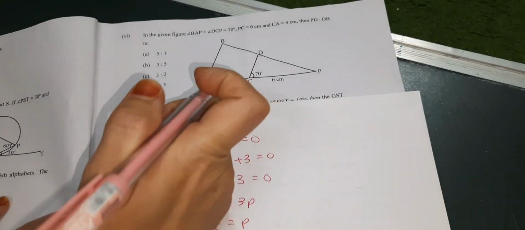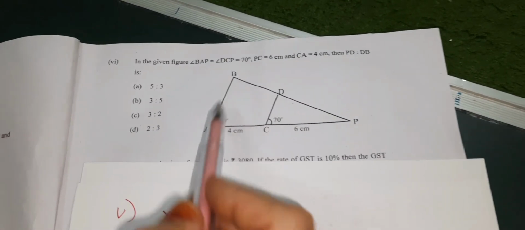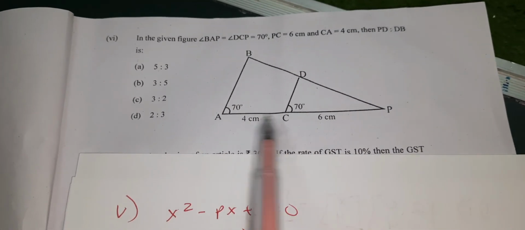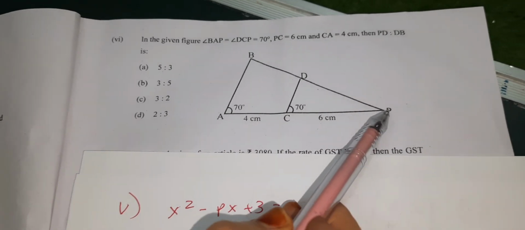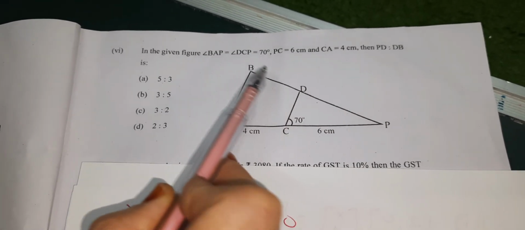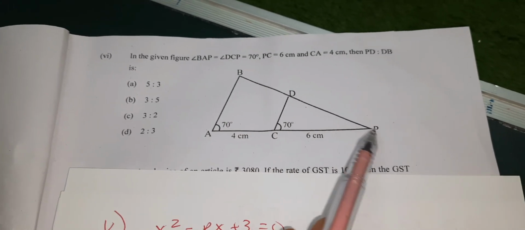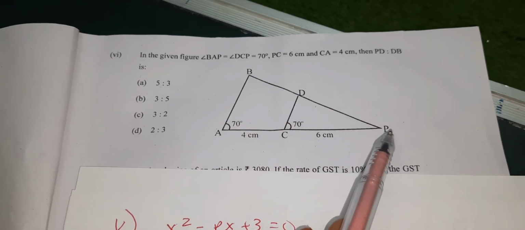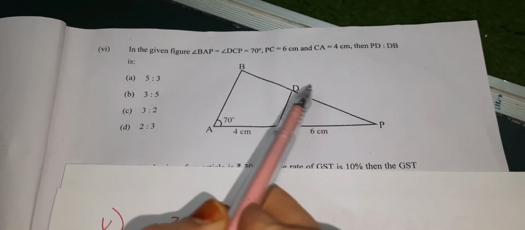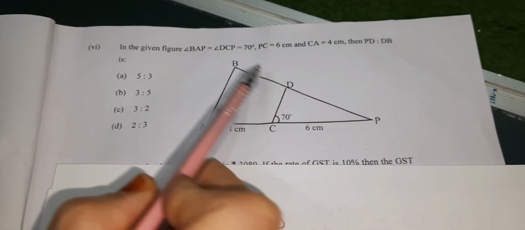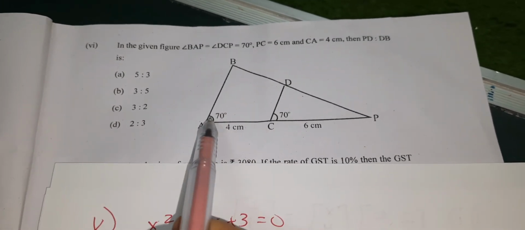In the figure, BAP is 70 degrees. PC is 6. CA is 4. Then they ask you the ratio of PD is to DB. This is very simple. Just looking at it, you know by BPT theorem that PC is to CA has to equal PD is to DB, because these lines are parallel.